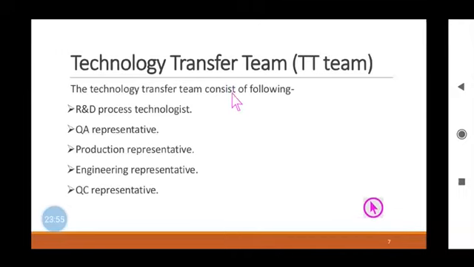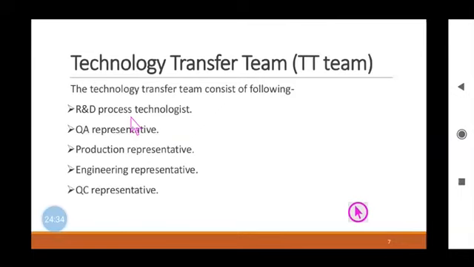Well, as we have seen, the technology transfer is nothing but the logical procedure for the transfer of the new technology or new process from one manufacturing unit to another manufacturing unit, or from R&D to a manufacturing unit. So obviously this is teamwork. A well organized team is required, comprising personnel having different expertise.